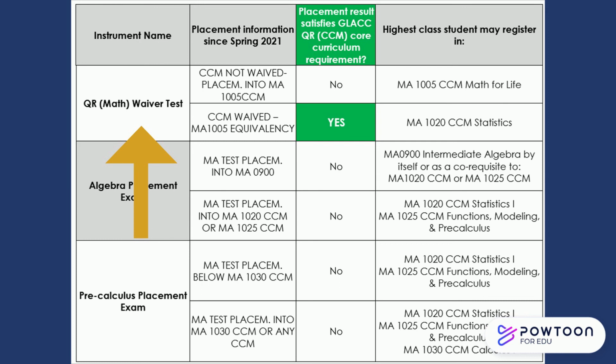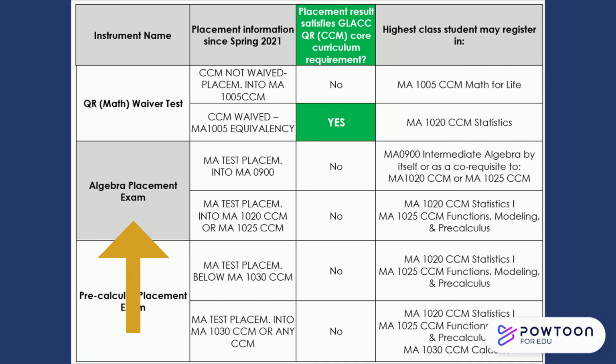In addition, the result indicates that if the student does need to take a math course as part of their major requirements, for example, they are able to enter the AUP math stream at the level of MA 1020, statistics. For the algebra exam, the first result indicates that the student did not successfully place out of the algebra requirement.